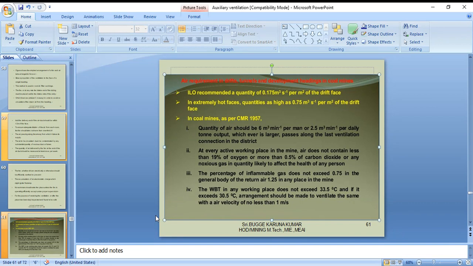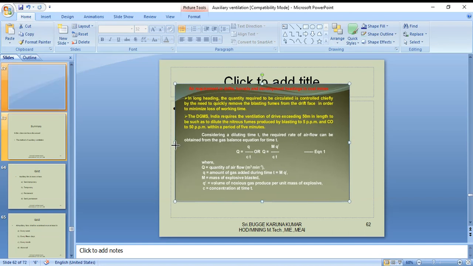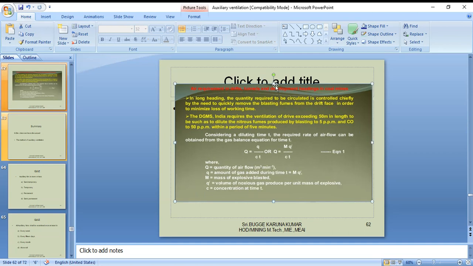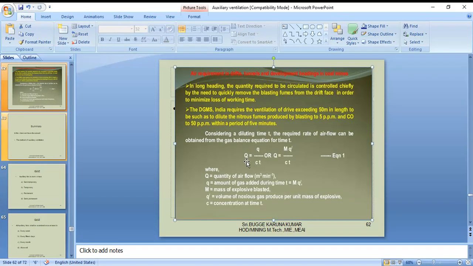CMR 2017 early reports gave old data here; it has now changed as per CMR 2019, so we have to use the new quantities. Similarly, a small problem is given which is related to the duct calculation, a simple problem for Q quantity calculation. Please go through it.